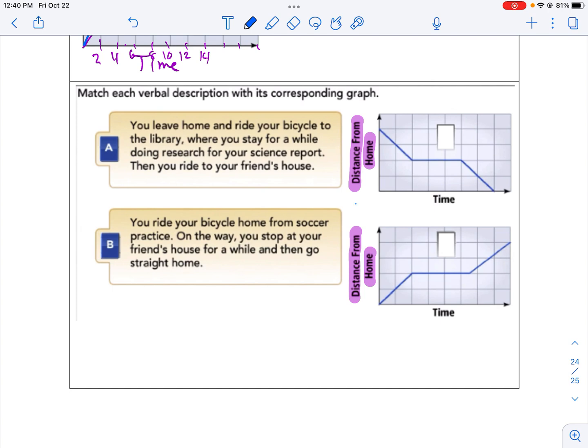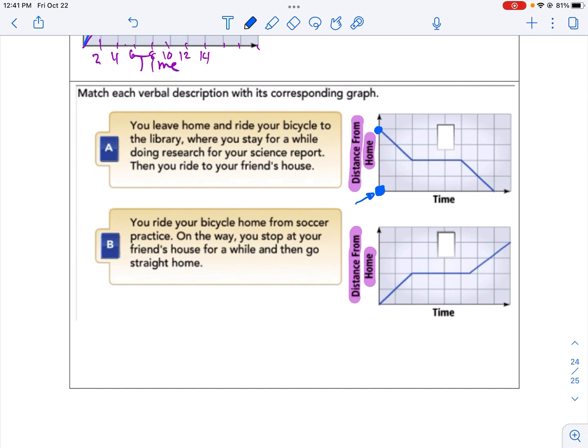So here, this first graph, distance from home. This point down here, 0, 0, means you are home. So if you're starting up here, that means you are away from home because your distance from home is getting larger. So this means you are away from home when you start.